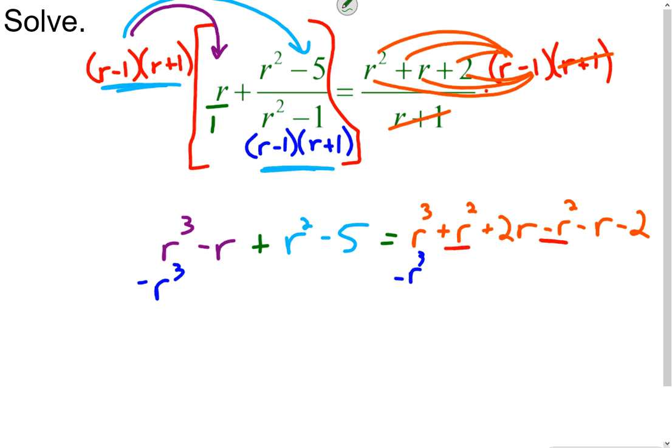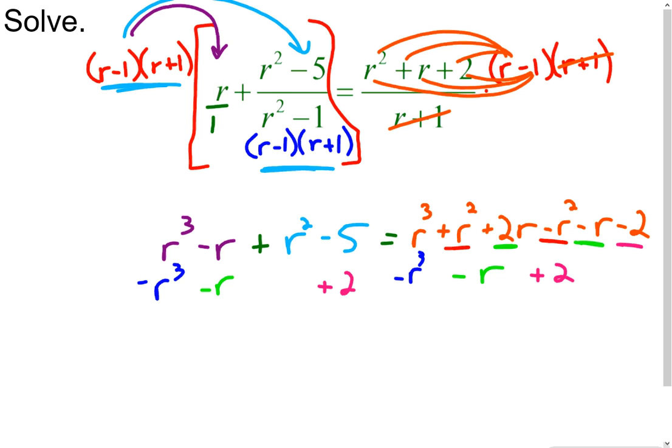Well, I have this 2r here and this r here, so that would really put us at a positive 1r on the left side. So I'm going to subtract an r from both sides. And then I also have, last but not least, this minus 2 here, so I'm going to have to add that 2 to both sides so that the right side is going to equal 0.